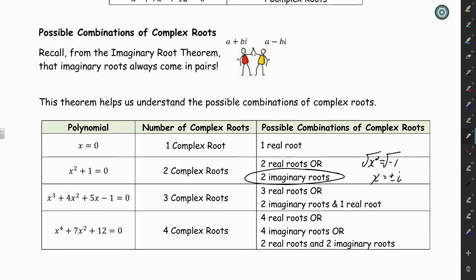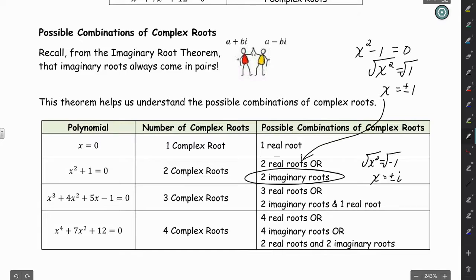So if I change that problem, let's say I made this x squared minus 1 equals 0. Then I would have x squared equals 1, take the square root of both sides, I'd get x equals plus or minus 1. So you see what I'm saying? In that example, I have 2 real roots. All right, so it's just giving us an idea of what to expect as we're going about solving polynomials.